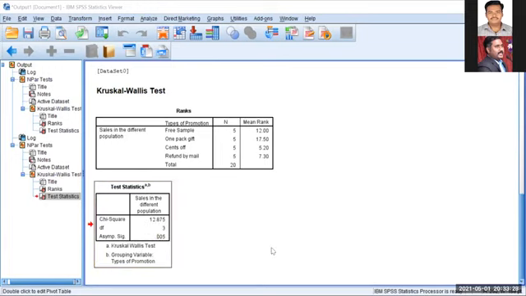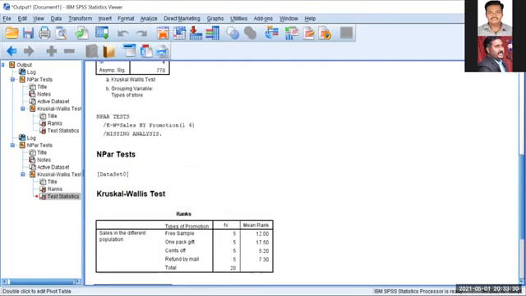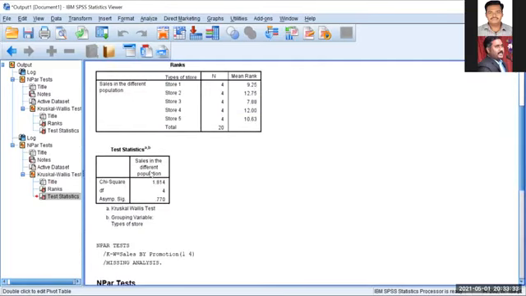Right. Now I'll copy the first table because we have to give interpretation for the one variable. So now I copied this. Copy the output table and I'll place it here. It's not pasted, right?